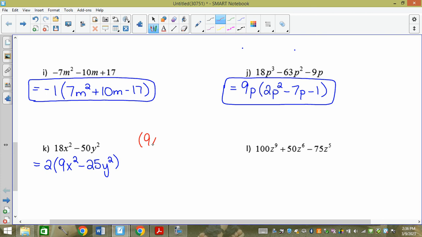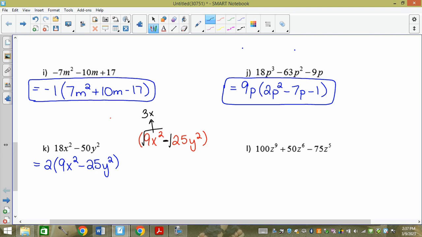So if I have 9x squared minus 25y squared, when I say something's a difference of squares, it has to follow two things. It has to have a subtraction sign. Cool, got that. And then the two things on both sides have to be perfect squares. So if I take the square root of 9x squared, what do I get? 3x.